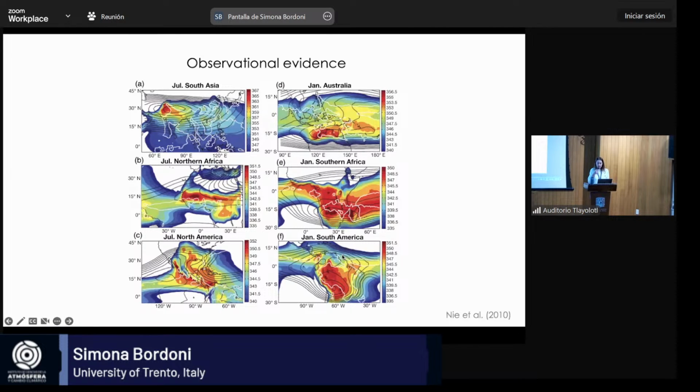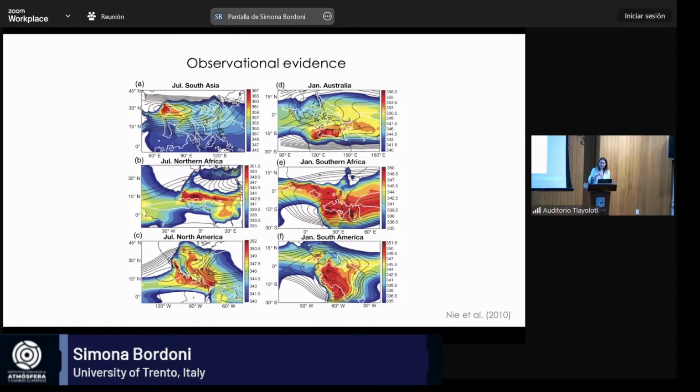And I hope that you can see that in general, this co-variation, this co-location between the boundary layer moist static energy and upper tropospheric temperature, and how this moist static energy tends to maximize a little bit poleward of the monsoonal precipitation, is seen with some, of course, variability in patterns in all monsoon regions except the North American monsoon, where in fact you see that upper tropospheric temperatures tend to maximize in regions that are different from where the moist static energy in the boundary layer maximizes.